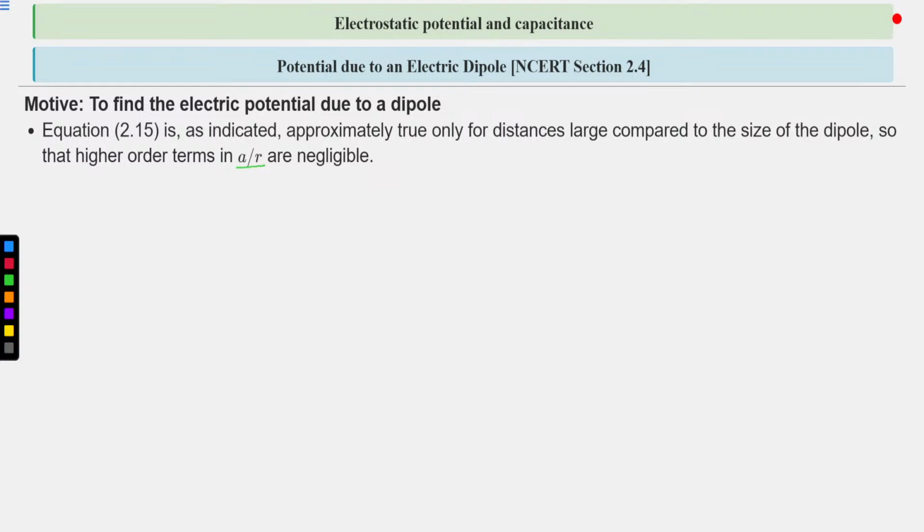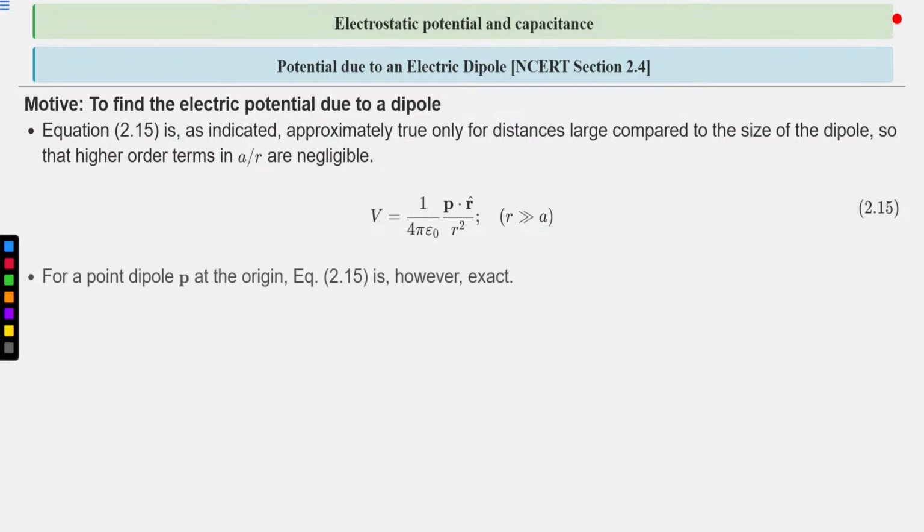We have neglected these terms by assuming that the dipole is short or the distances are very large, that point P is at a very large distance from the dipole. So this is again the condition applied to the formula. For a point dipole p at the origin, equation 2.15 is however exact.